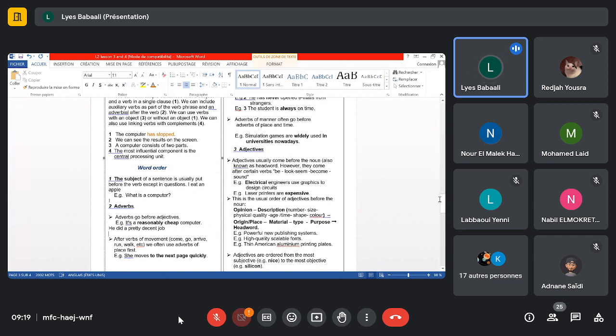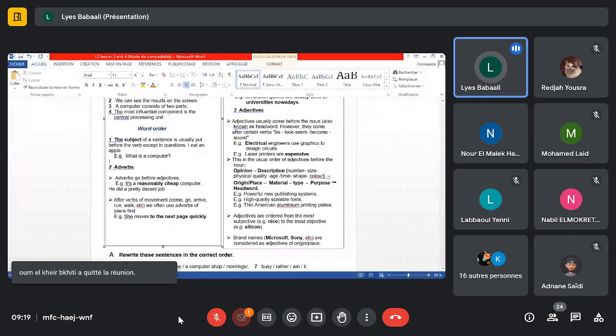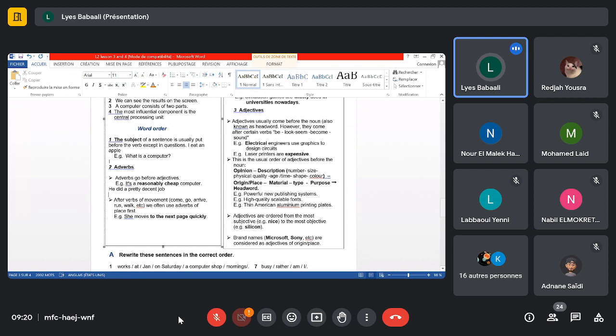Okay, what else? After verbs of movement, come, go, arrive, run, we often use adverbs of place first. So she moves to the adverb after verbs of movement.